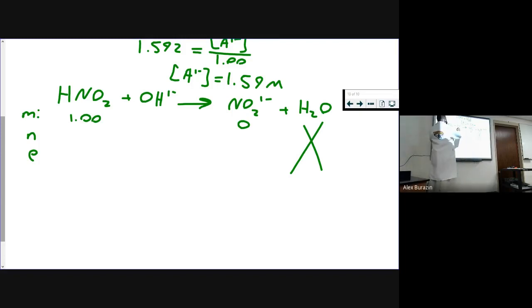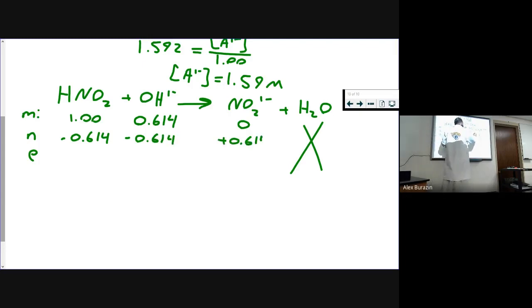So if I make this 0.386, I think if I do that, it's correct. Maybe not though, let me check. No, that should be right. Then you get 0.3.